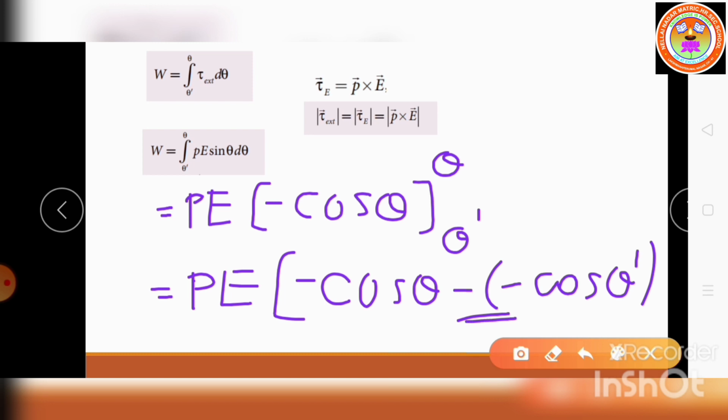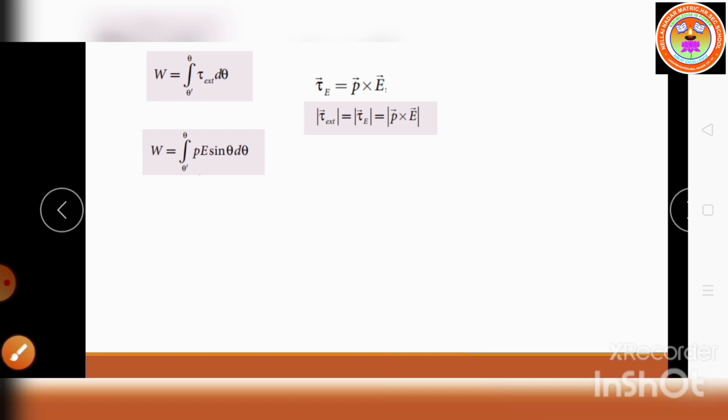So we can write the plus term first. So W is equal to PE of cos theta dash minus cos theta. Understand, the positive term I write first.